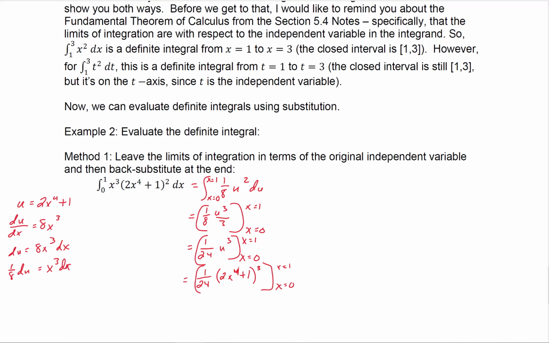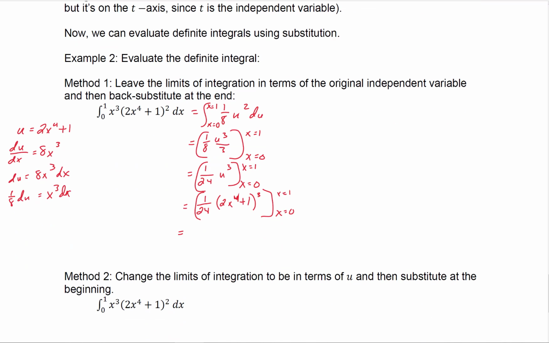And so then let's do our substitution using the fundamental theorem of calculus now. So this becomes 1/24 times 2 times 1 to the fourth plus 1, all to the third power, minus 1/24 times 2 times 0 to the fourth plus 1, all to the third power.